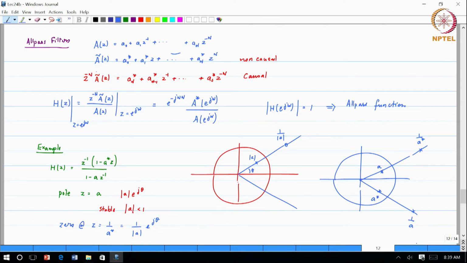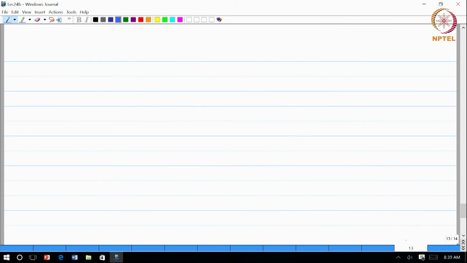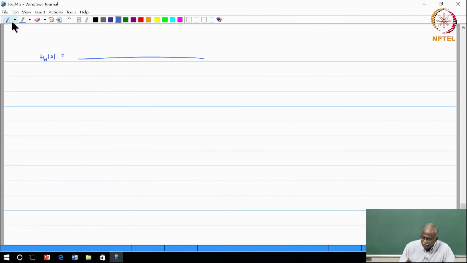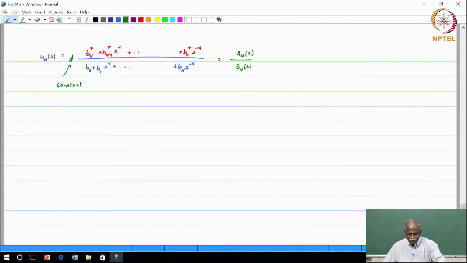Again, let us quickly move forward, because this is not our main goal. Our goal is to use all pass functions. In the general case, an nth order all pass Hn of z would be written with the denominator b0 plus b1 z inverse plus dot dot dot plus bn z power minus n. The numerator will be bn star plus bn minus 1 star and so on. So the general form of the all pass function is written in this form, and now we would like to analyze this.